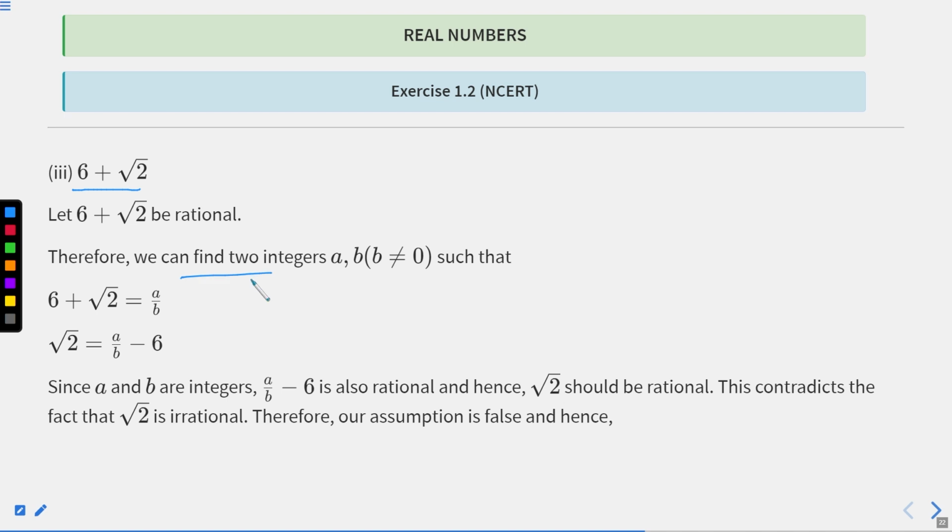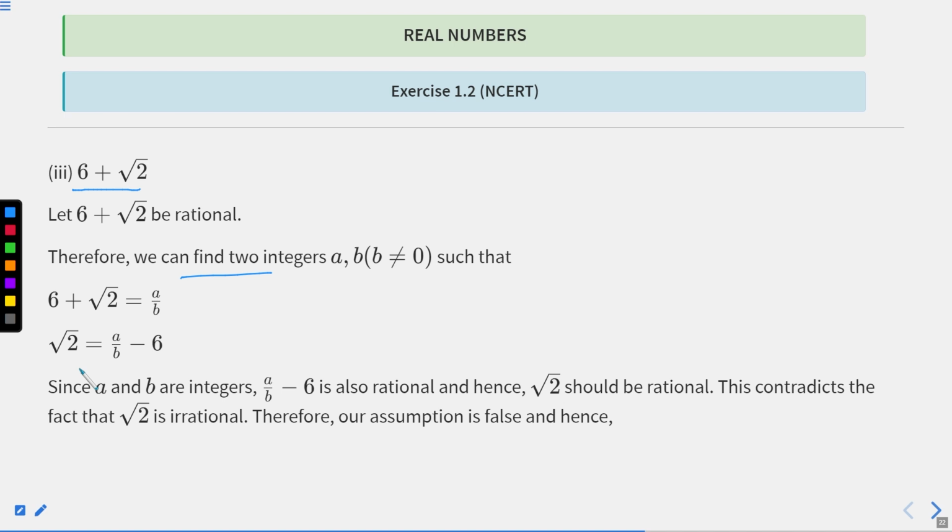Therefore we can find two integers a and b, where b is not equal to 0, such that 6 plus root 2 is equal to a over b. If we rearrange this equation, we get root 2 equal to a over b minus 6.